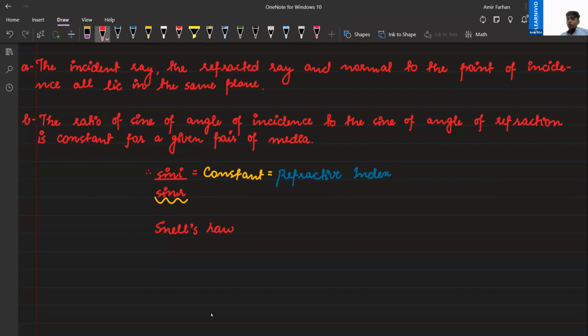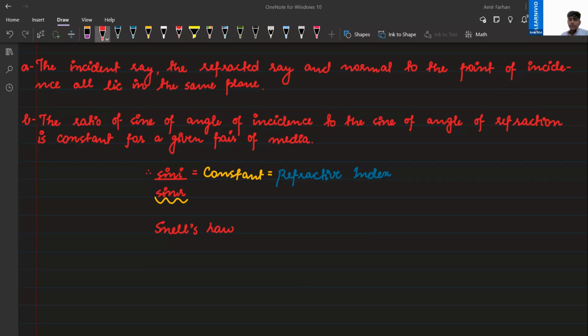But when you take the ratio of it, it would be constant. So they will adjust accordingly so that the ratio remains constant. That is sin i and sin r. Is that clear, everyone? Please note it down.